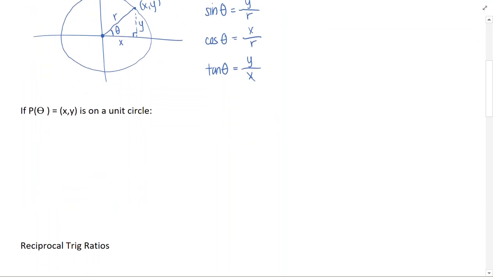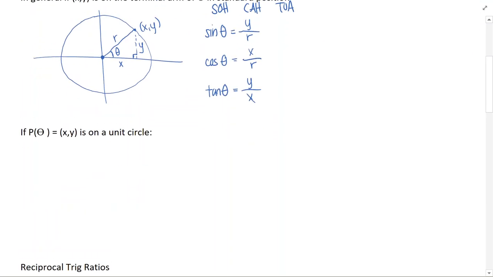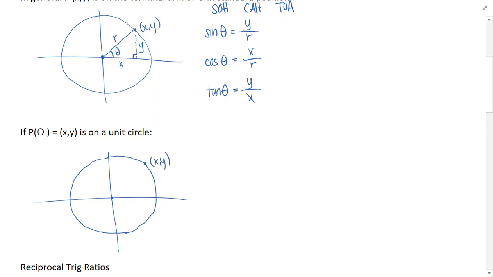Now, if we look at a point x, y on a unit circle with some angle, what would that look like? So again, we have a circle, the origin is the center, and we have some point x, y, also lying on the terminal arm and on the circle at some angle.